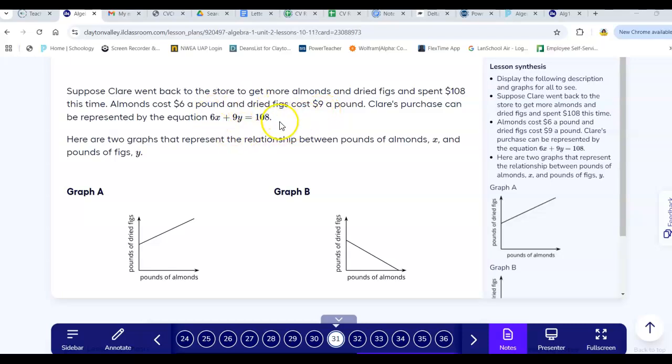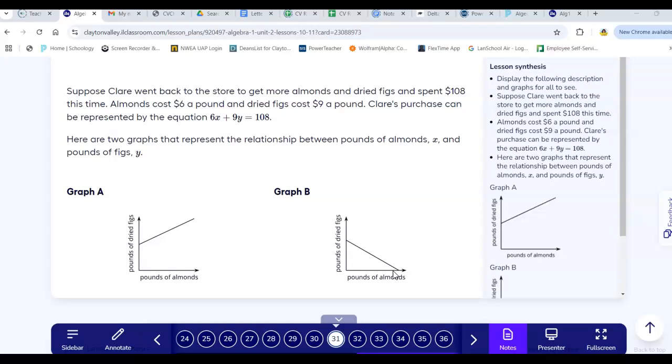So here's the equation that models her constraint of $108 and the cost of almonds and the cost of dried figs. Okay? So here are two graphs that might represent that situation.